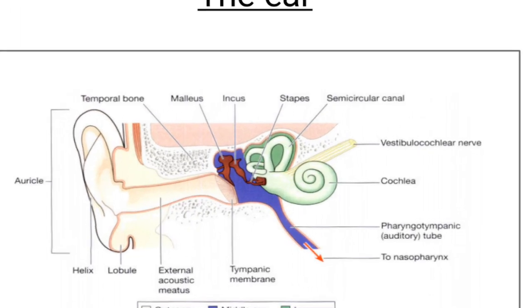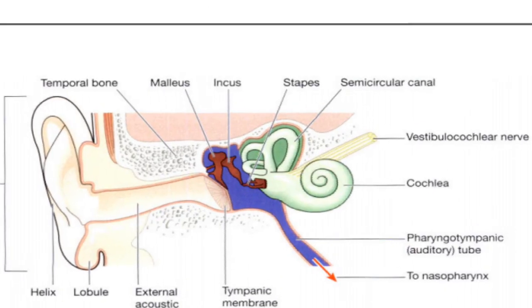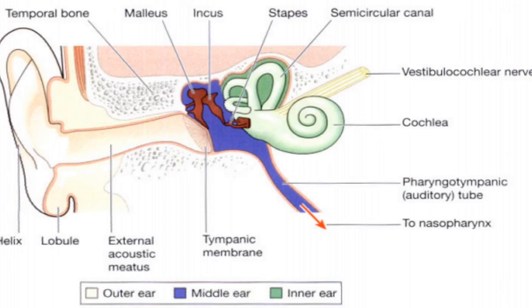Okay, so let me just do this so that we see what we're talking about. Let's say sound is coming through this way. Upon reaching that part, it will cause vibration.